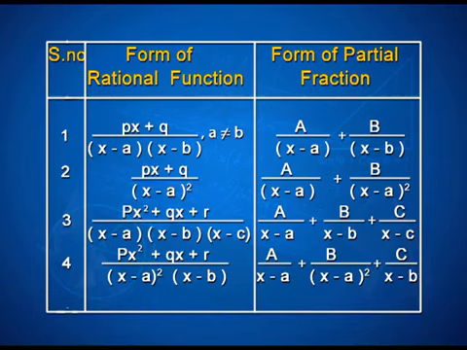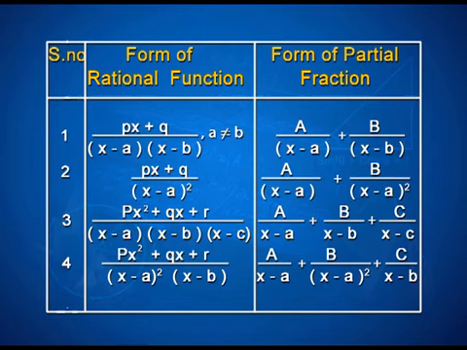First one, (px plus q) upon (x minus a) into (x minus b), where a is not equal to b, can be expressed as A upon (x minus a) plus B upon (x minus b). Second, (px plus q) upon (x minus a) whole square can be written as A upon (x minus a) plus B upon (x minus a) whole square.